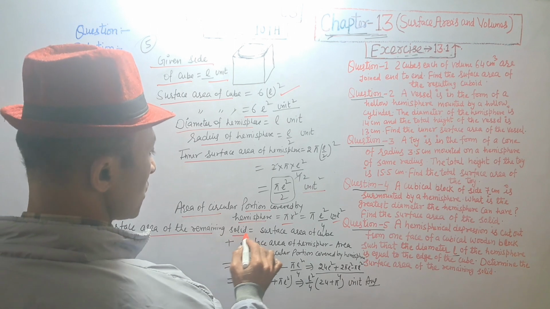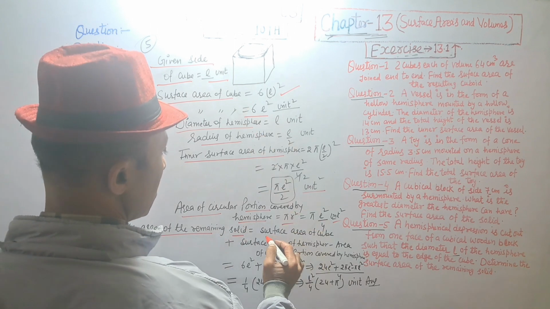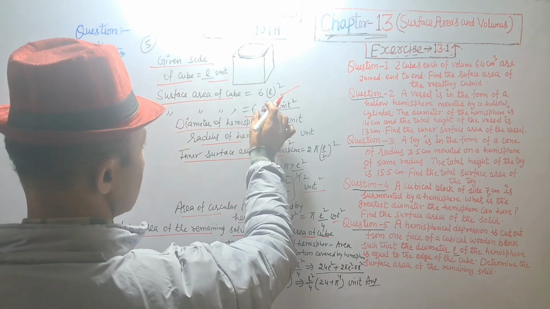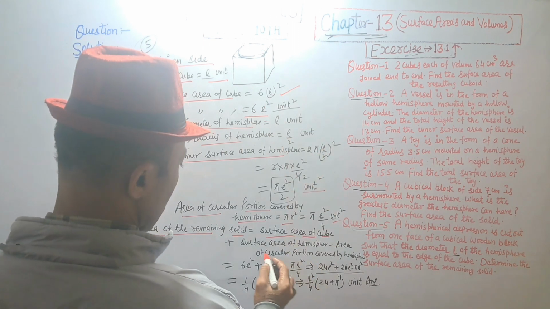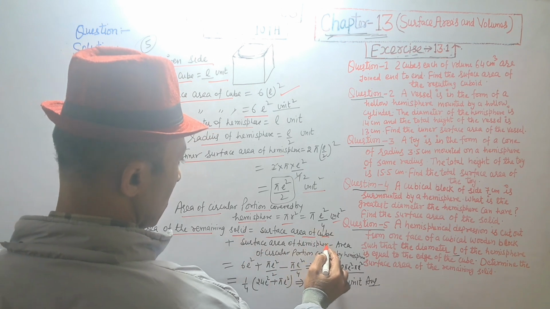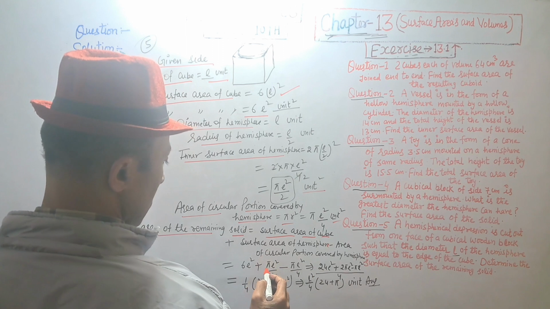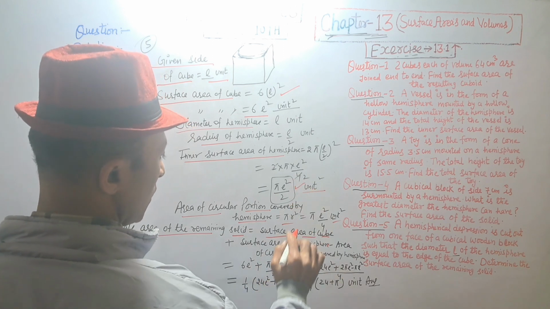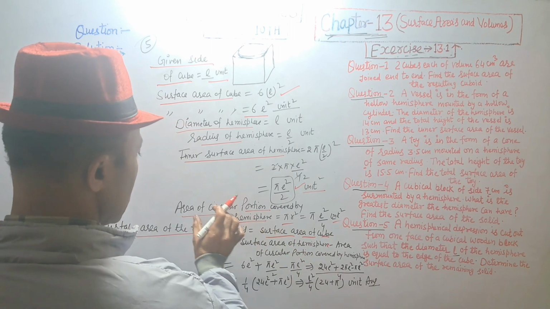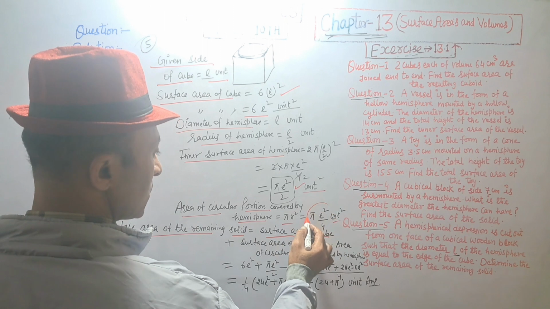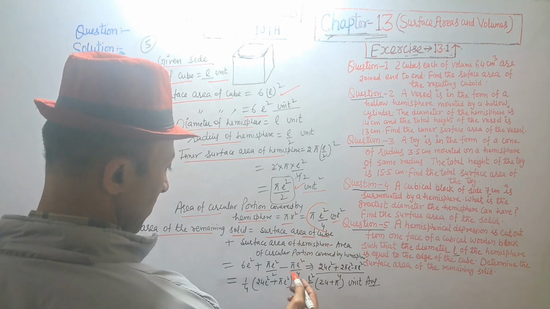Surface area of remaining solid is equal to surface area of cube, that is 6L square, plus surface area of hemisphere pi L square upon 2, minus area of circular portion covered by hemisphere, that is pi L square upon 4 unit square.